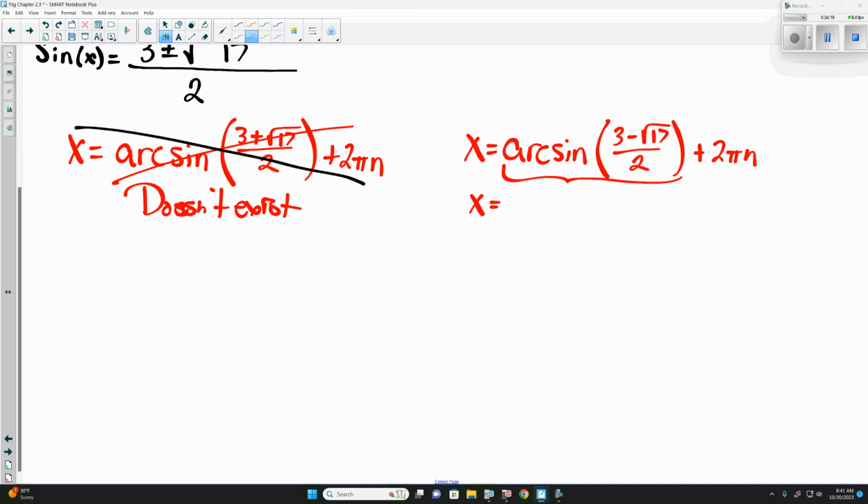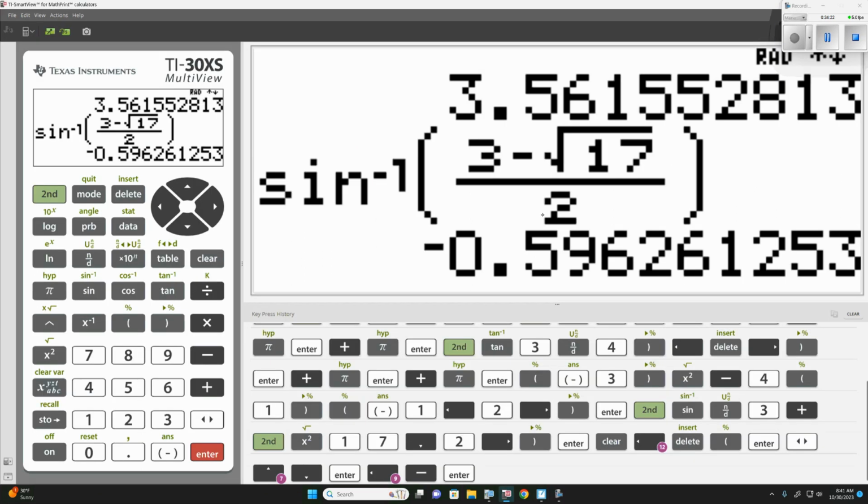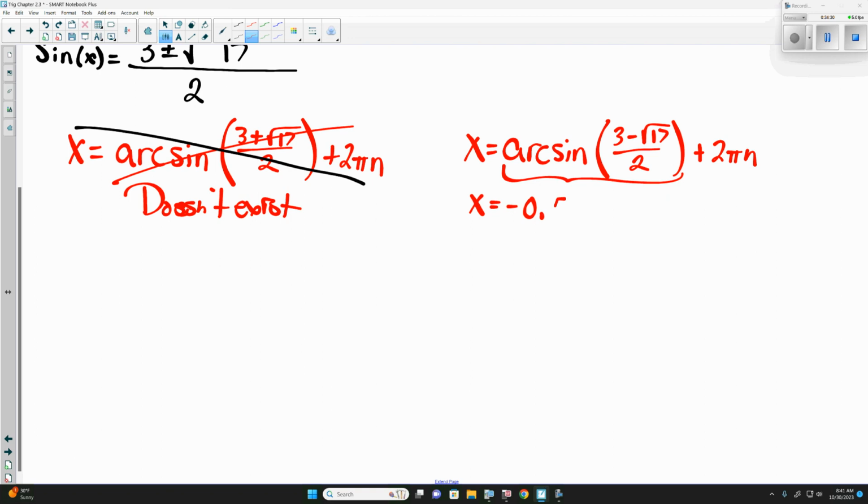Now just taking arc sine of this here gave us negative 0.5963. So we'll approximate it to 4 decimal places for this here. Now it did want this to be between 0 and 2 pi. Note that the solution is not between 0 and 2 pi as defined. This here we can sketch.